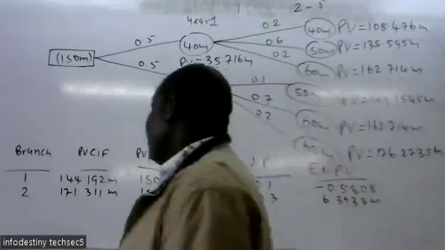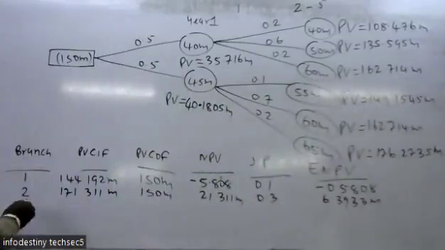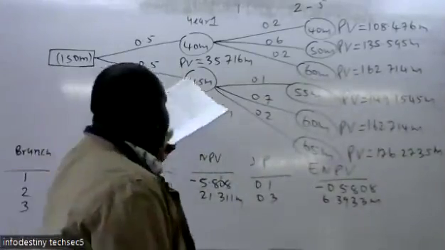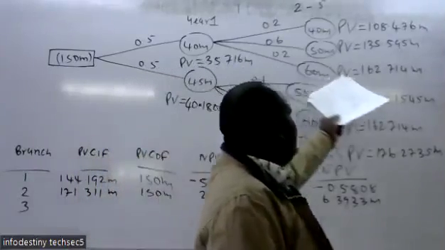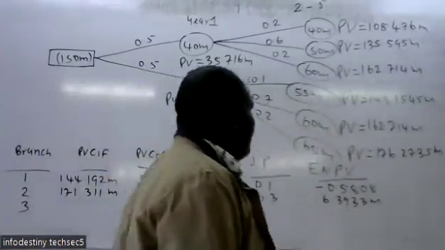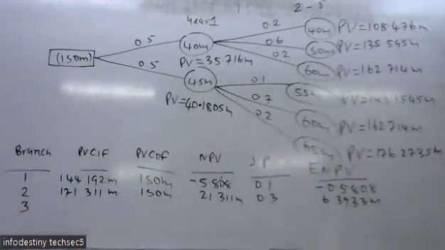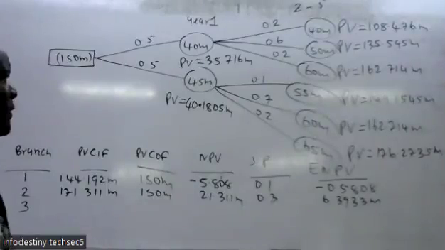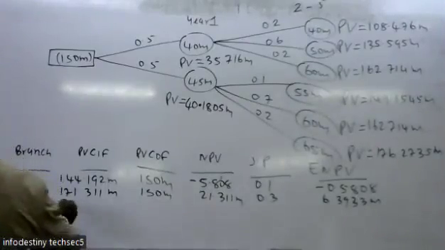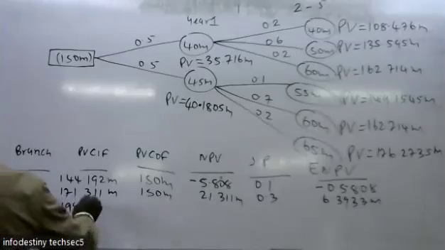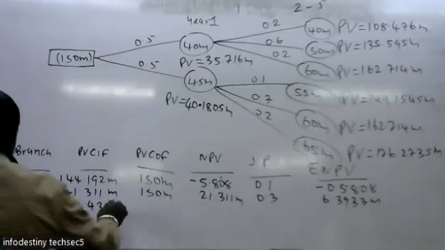We now go to branch 3. So branch 3, it is still 35.716 plus 162.714. So that branch should give us which value? 198.43.